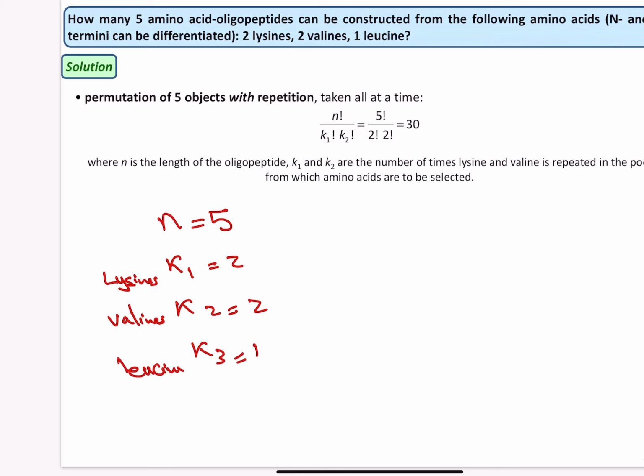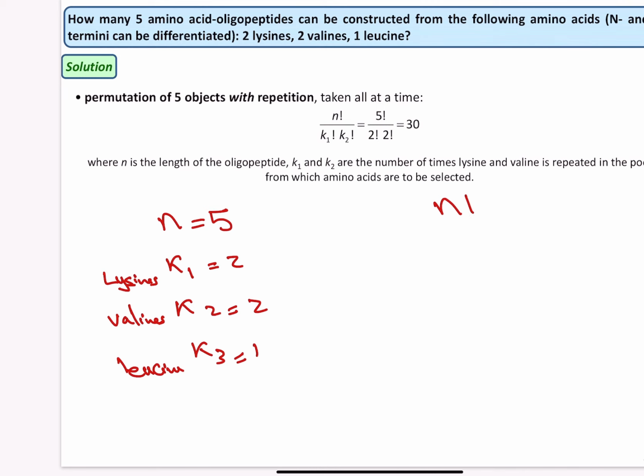So here, is it permutation or combination? Of course, in all proteins, the order differs, because if the order of the amino acids changes, the protein name will change. So by default it will be permutation. Do we have repetition? Yes. If we don't have repetition and we are using all of them, and here we are using all of them, it will be n factorial.